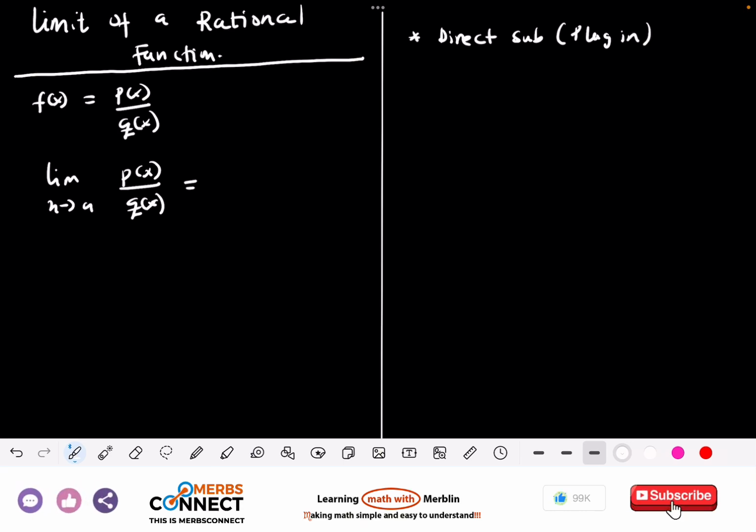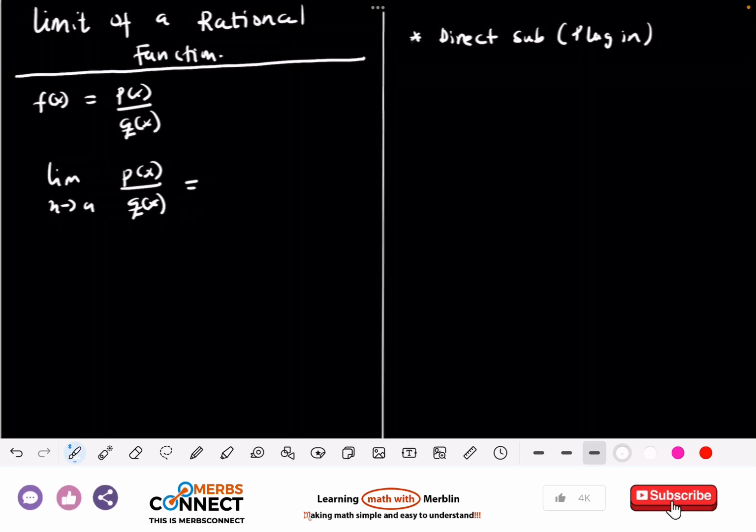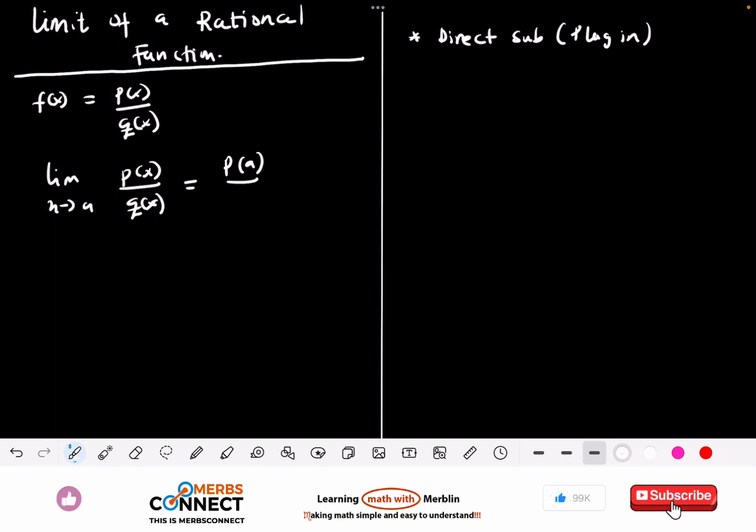So let's do the direct substitution and see what we get. When I plug in a here and here, I'm going to have p of a divided by k of a, provided k of a is not equal to 0.